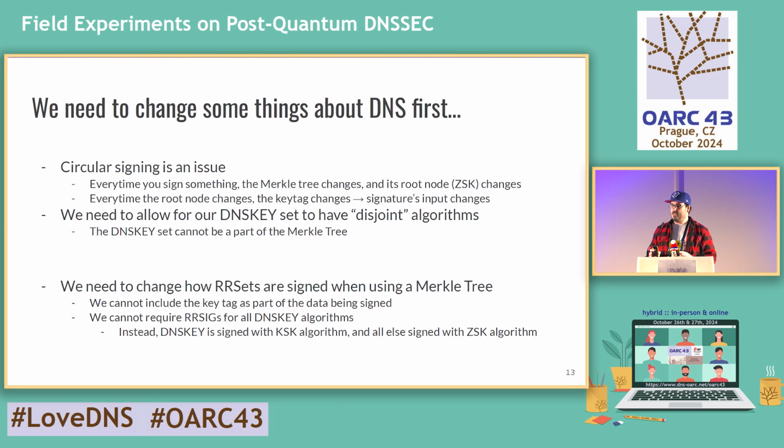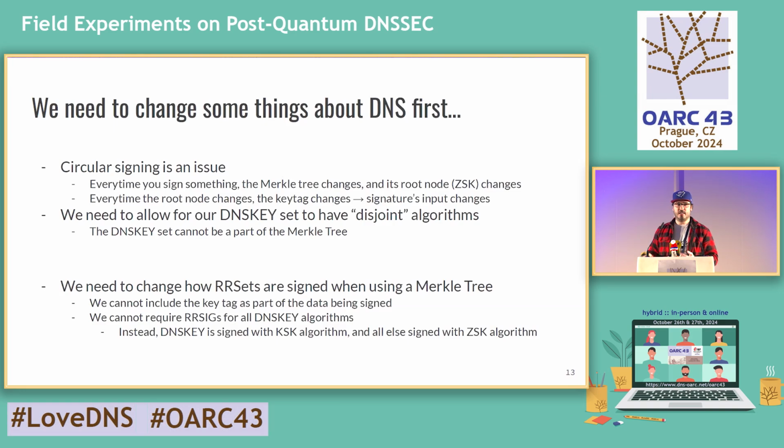And what I mean is that we won't require that the Merkle tree sign the DNSKEY set, because if you try to sign the DNSKEY set with the Merkle tree, it changes the Merkle tree, so that makes no sense. So in this case, we will waive that requirement in DNSSEC and just require that the KSK sign the DNSKEY set, and then any other ZSK algorithms would also sign the set as normal.